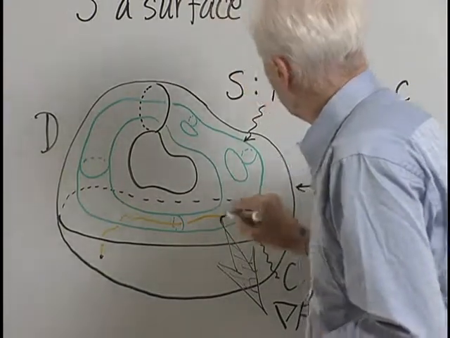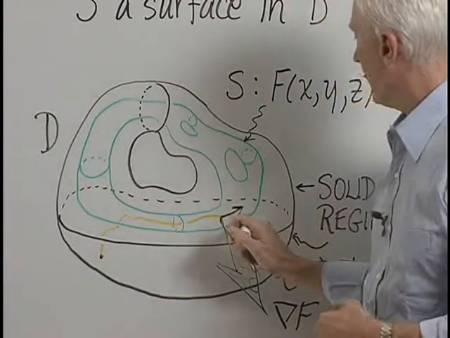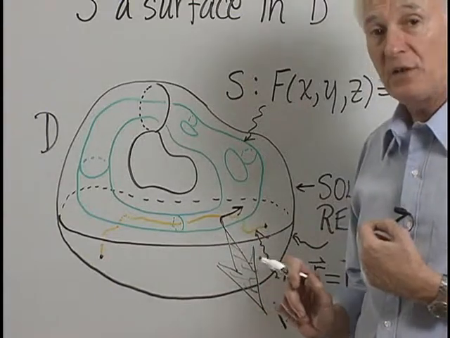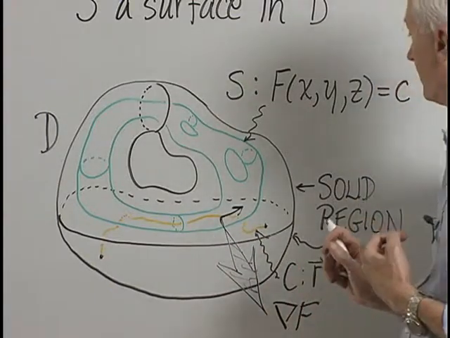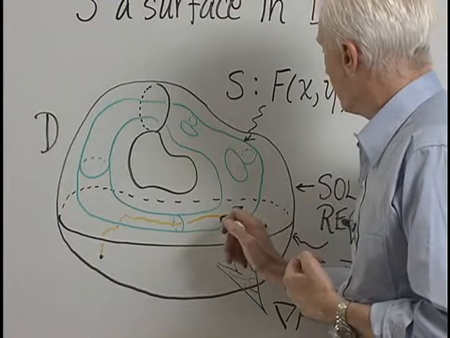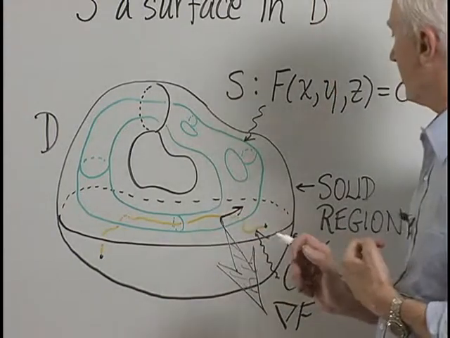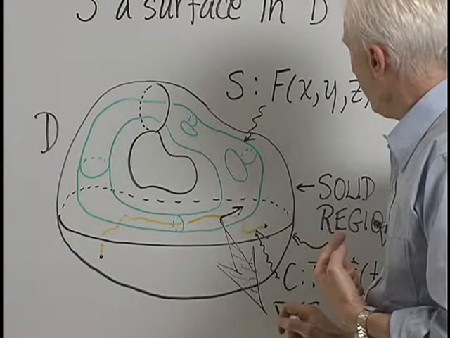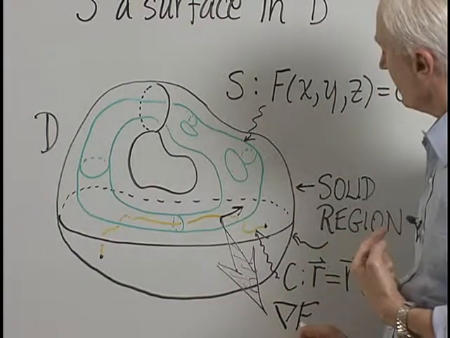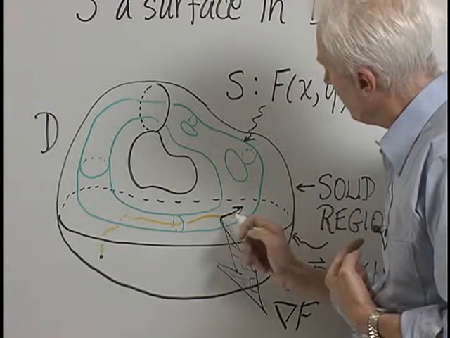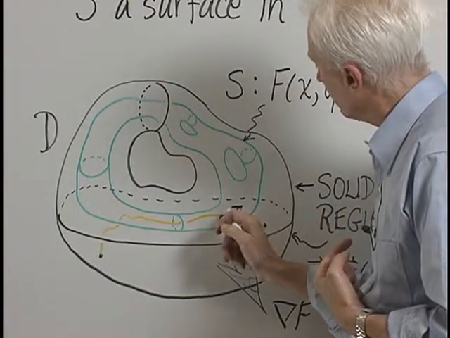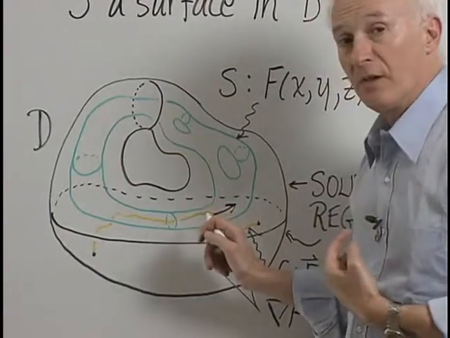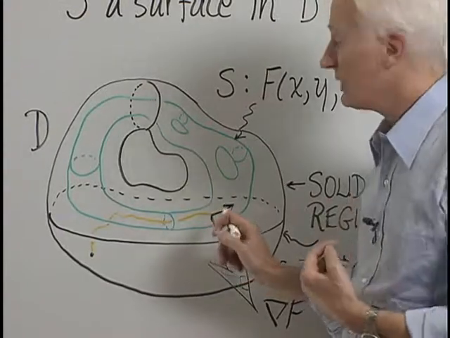It's pointing tangent to the curve, but since the curve actually lies in the surface, a tangent vector to the curve is also tangent to the surface. And so what that's telling us is the gradient vector for the function capital F has to be perpendicular to the tangent vector to any curve which lies in the surface itself.